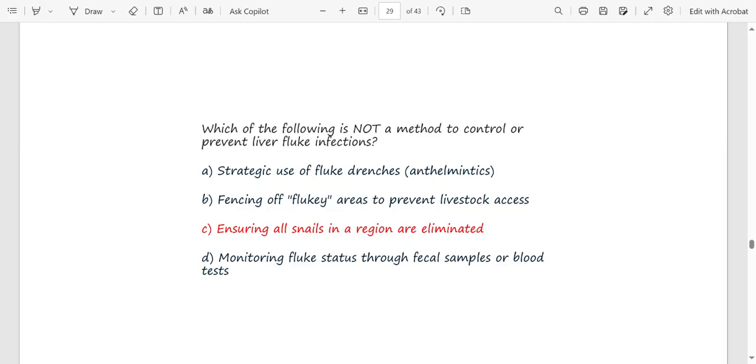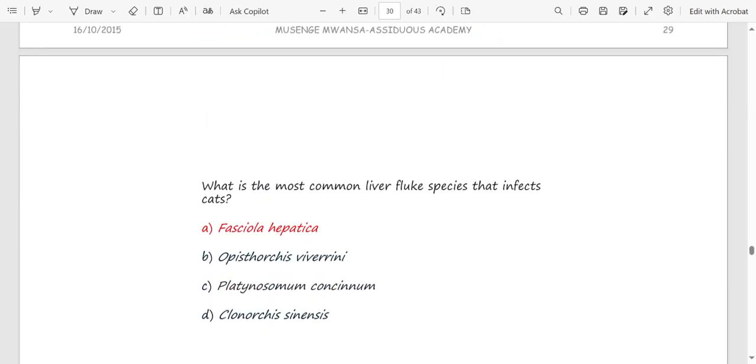Ensuring all snails in a region are eliminated. So this one is not a method to control. You can't really eliminate all the snails in the region. But of course, this is something that you want to do. That's why we're giving those drugs to help clear some snails. But you will not really ensure that all of them are eliminated. Monitoring fluke status through fecal sample or blood test. Okay, so you can as well monitor.